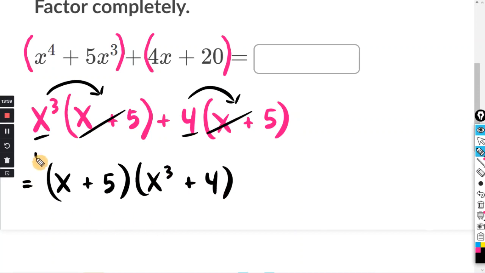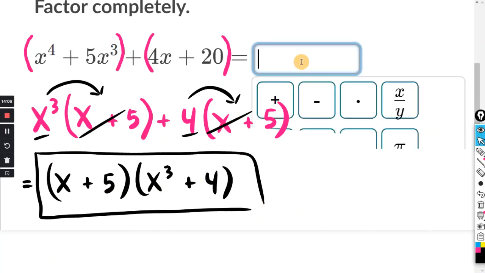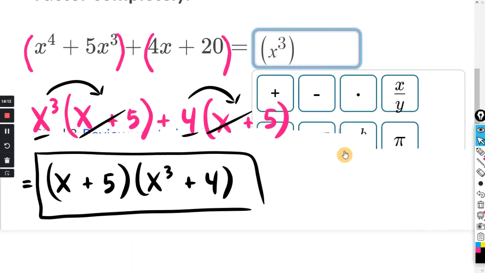These are just multiplied. So if you put this binomial first, that's fine. All right, so parentheses x, hit the exponent button to the 3rd, right arrow key plus 4. Click the right arrow key, parentheses again, x plus 5. All right, see, I wrote it in a different order, but it doesn't matter.